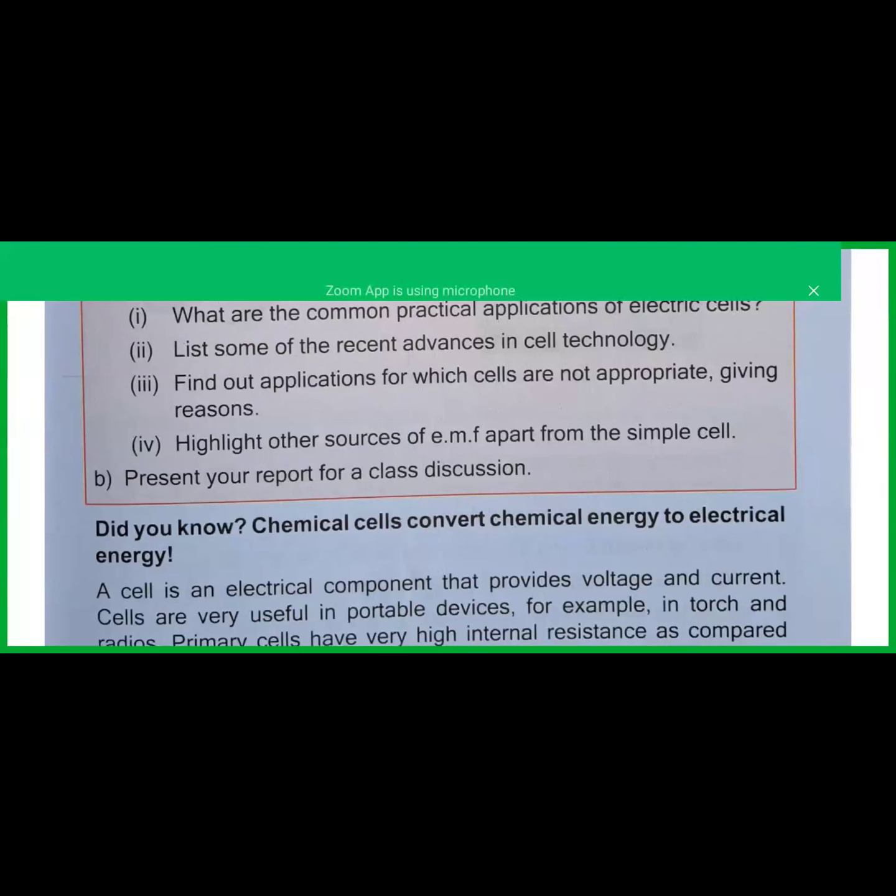Take us through Roman 4, then we continue. Highlight other sources of EMF. Charlene says crystal pickups and then solar cells. Crystal pickups, like a car pickup? I don't know what the spelling is here.